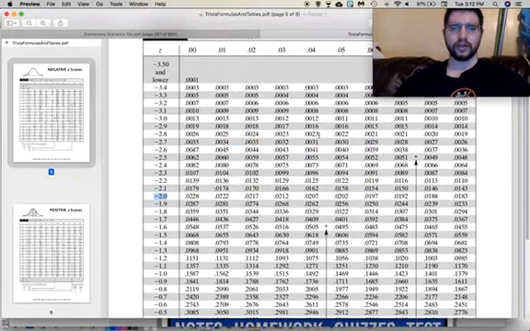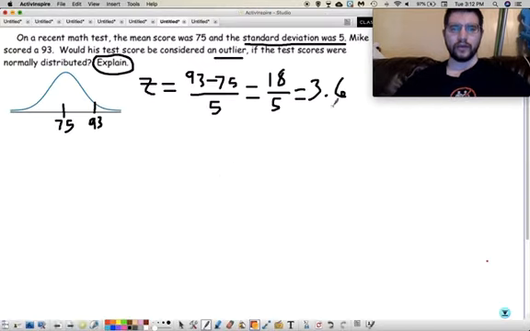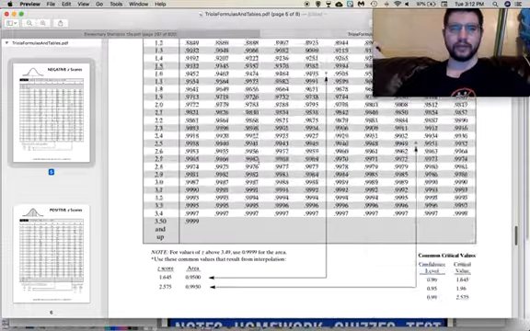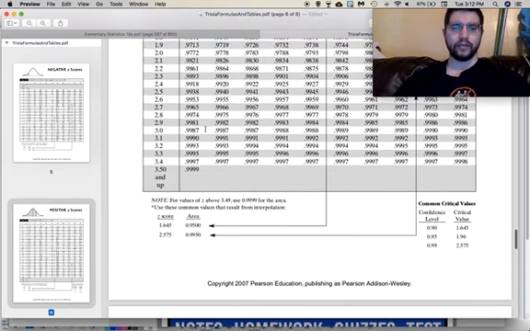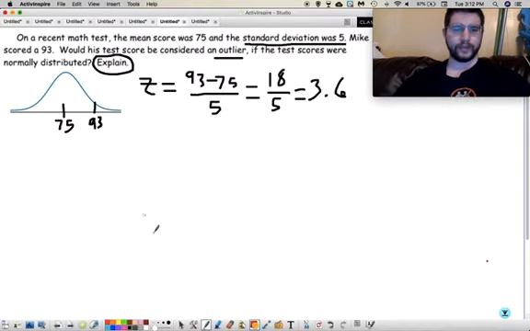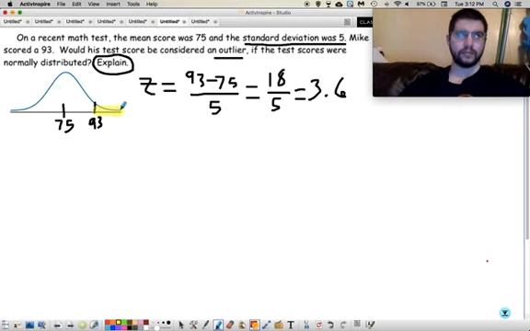So let's go to the chart. We have 3.6 positive. Okay, 3.5 and up has 0.9999. So all of this stuff back here is 0.9999.